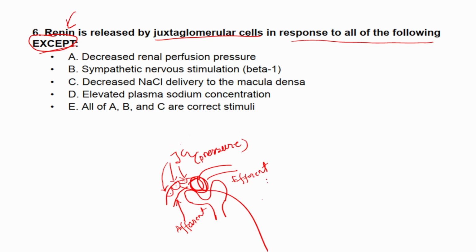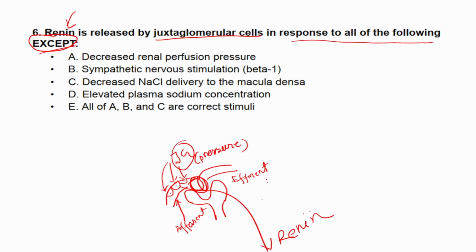To answer this, you need to know juxtaglomerular cells are specialized granular smooth muscle cells located primarily in the afferent arteriole that act as the primary storage and release site for the enzyme renin. Renin release is tightly controlled by 3 classical synergistic homeostatic triggers.